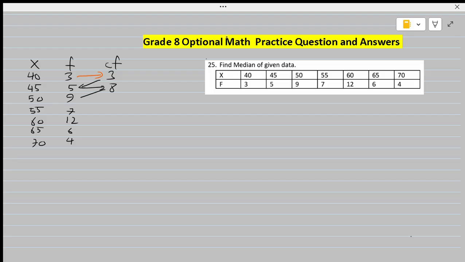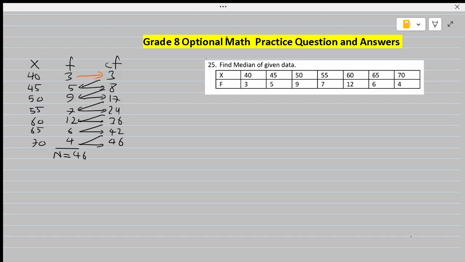With 8, 9 gets added, 17 we get, with 17, 7 added, 24, with 24, 12 added, 36, with 36, 6 added, 42, with 42, 4 added, and finally we get 46. So the total number of students or observations is 46.